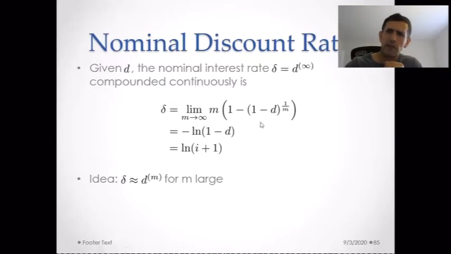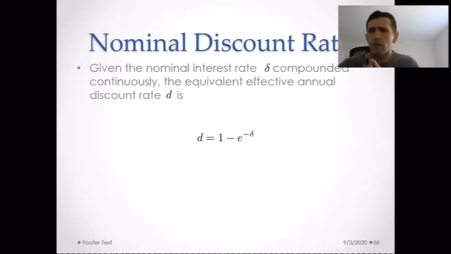This kind of quantity is a bit messy and unpleasant for m large, versus ln of i plus 1, or minus ln of 1 minus d, which is the same thing. It's a lot cleaner and easier to work with. So this delta is a good approximation for nominal interest compounded over a very, very small time period.